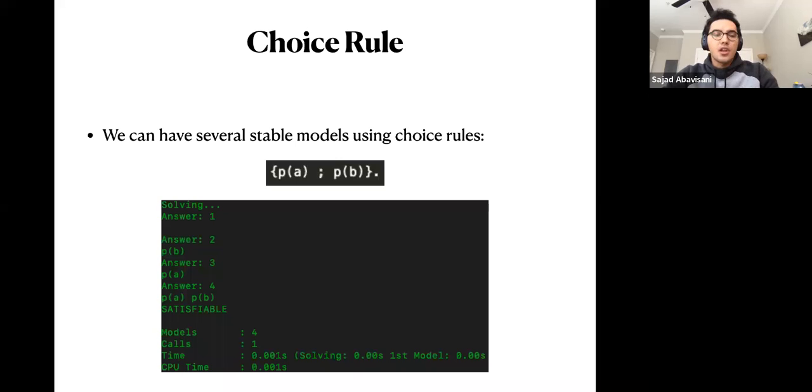And so we have a lot of these stable models, and then we start adding constraints to remove the ones that we don't want or that are wrong. And then this will reduce very quickly and will give our desired result very fast.